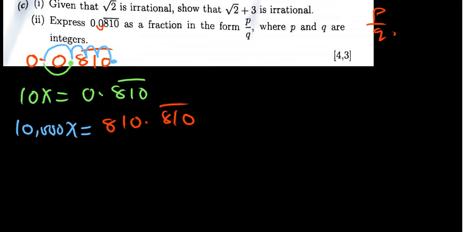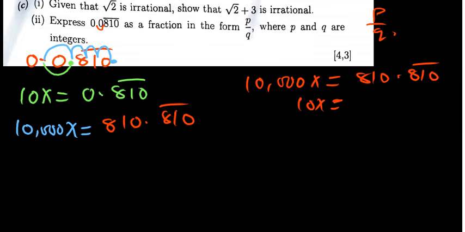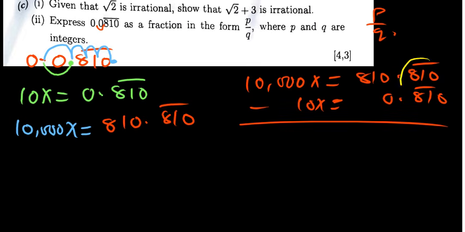So I need to do a subtraction. I'll put the 10,000x on top, which is equal to 810.810 bar. Then here it is 10x, which is 0.810 bar. I do minus. If I do minus here, everything after the point is going to give me 0, which I don't mind. I'll just leave it there.